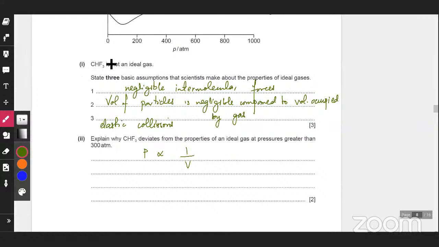What you're going to write is, so why does it deviate? So at high pressure, what happens is if you increase pressure, gas becomes incompressible, as particle volume no longer remains negligible.